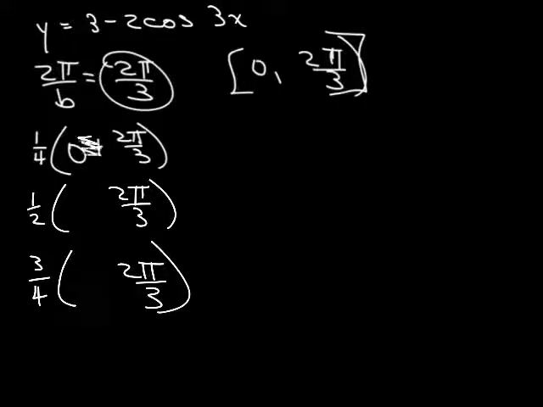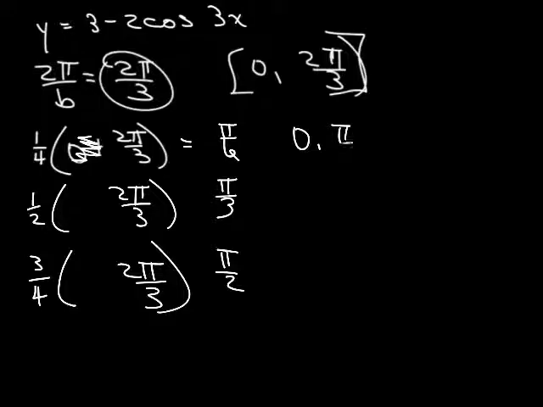This one I'll just scribble out. So this we have 2 pi over 12, which is pi over 6. This one's 2 pi over 6, which is pi over 3. And this is 6 pi over 12, which is pi over 2. So my intervals are 0, pi over 6, pi over 3, pi over 2, and 2 pi over 3.